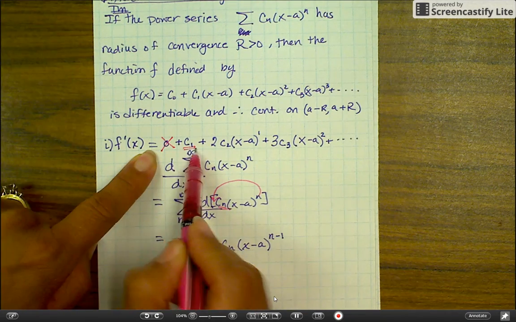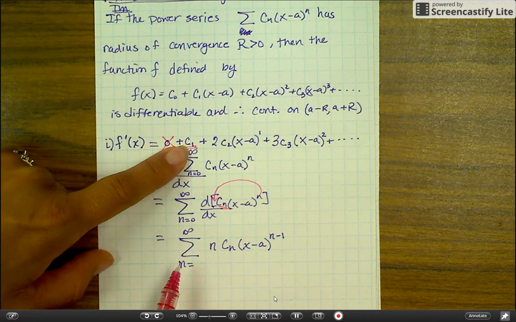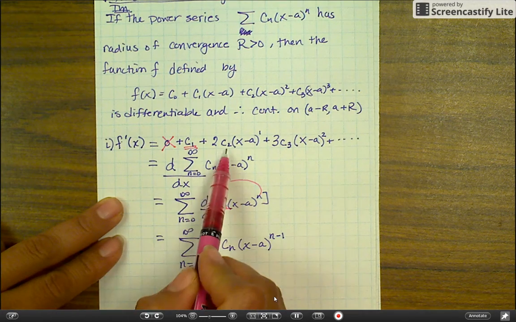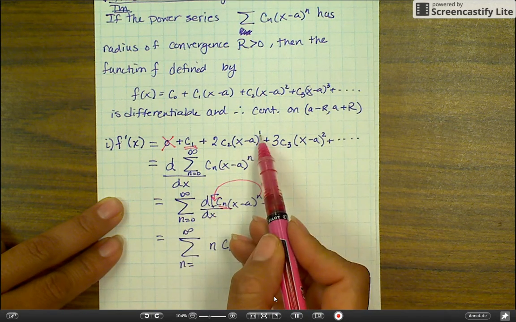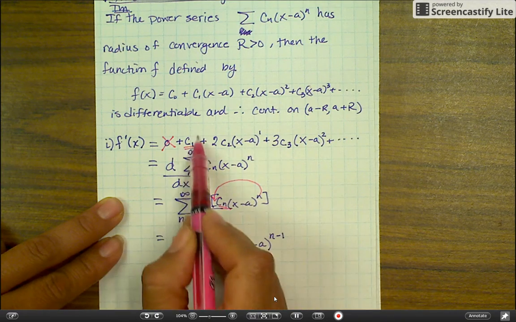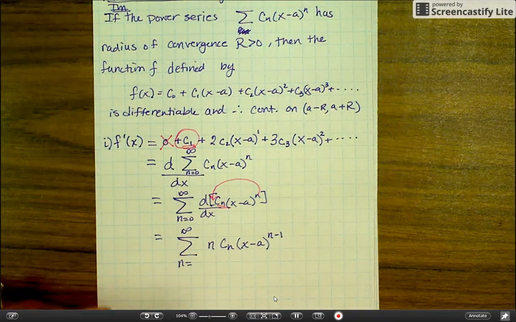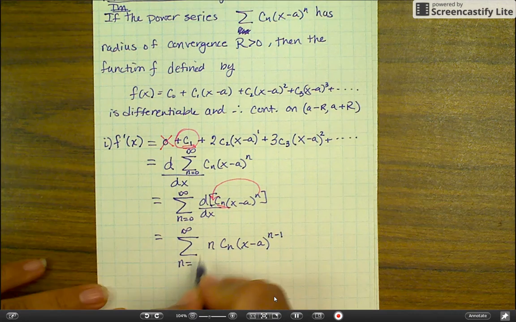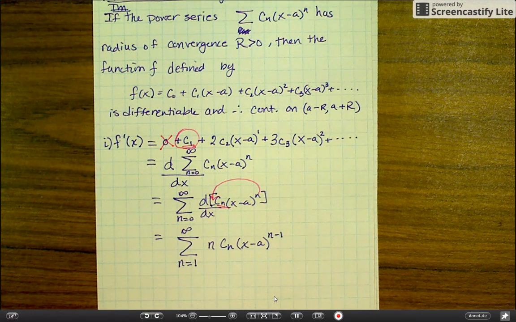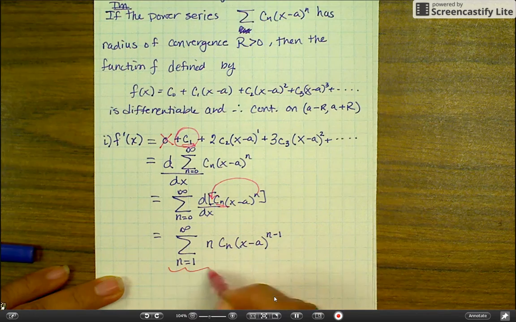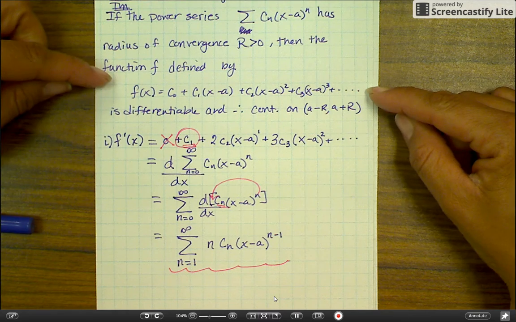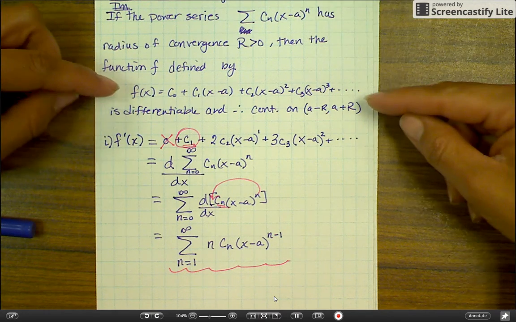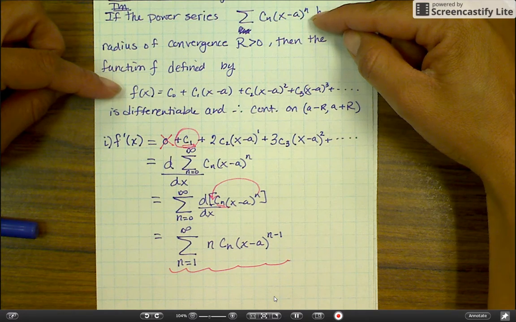So what is my first one? 1, right? Not only that, when I get to the next one, if n was 2, how do I get this 1? I have to have subtracted, right? So what is my first term? n equal to 1. So guys, that is the derivative f prime of this function f, which is equal to this power series, right?